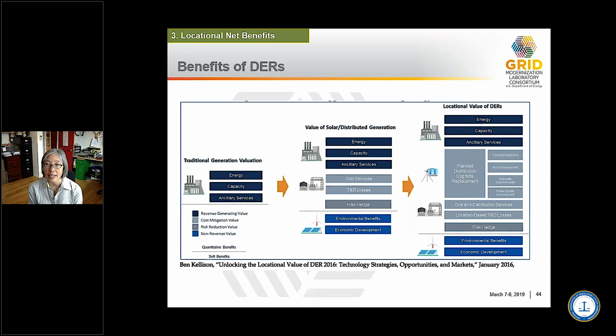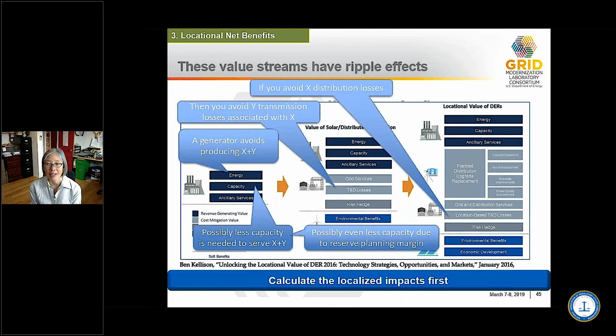In calculating these kinds of benefits, if you go to the next slide, Carrie, it seems like it ought to be straightforward, just add each of these components. It's actually not as straightforward as it seems, because there's a ripple effect of the different value streams. So when you actually do go through this, if you were to calculate some amount X of distribution losses, that actually helps to offset some amount Y of transmission losses associated with that.